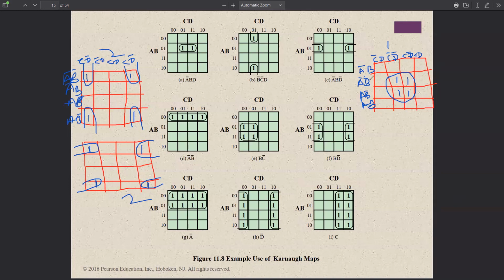Okay. Initially what I did was, as a tradition, I start from A bar B bar C bar D bar and draw the Karnaugh map, right? And as I mentioned, it is not necessary to start from A bar B bar.